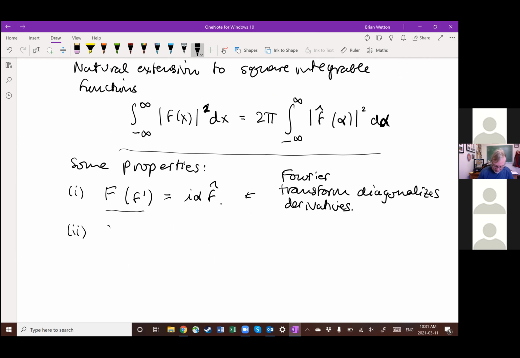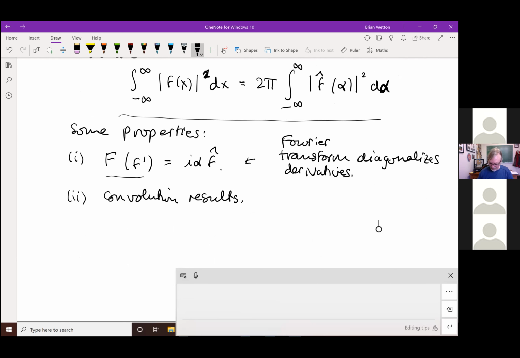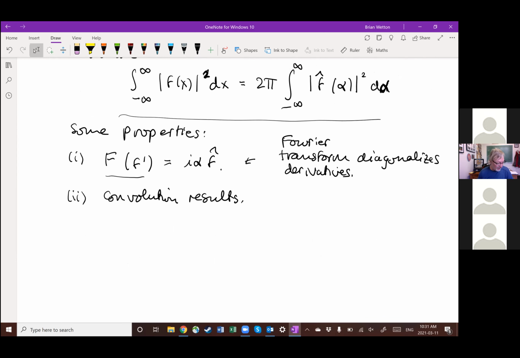Now, there's a bunch of convolution results. These are going to show up in what we're doing in a couple of places, but they come up more often in signal processing, if you've seen that in any kind of signal processing course that you might have taken in statistics or in engineering.